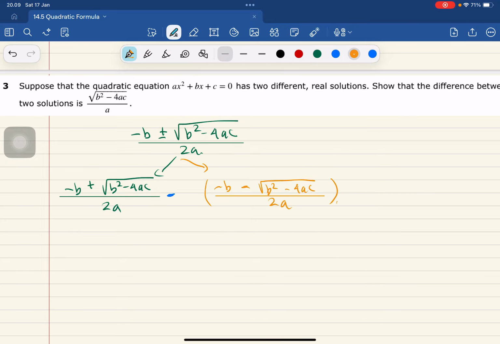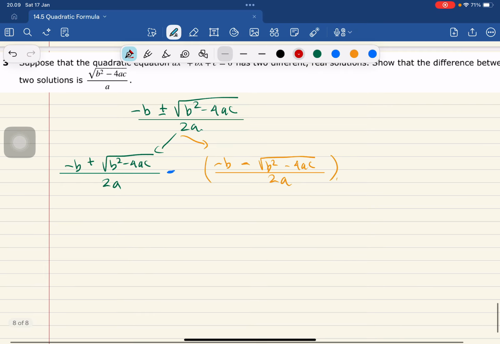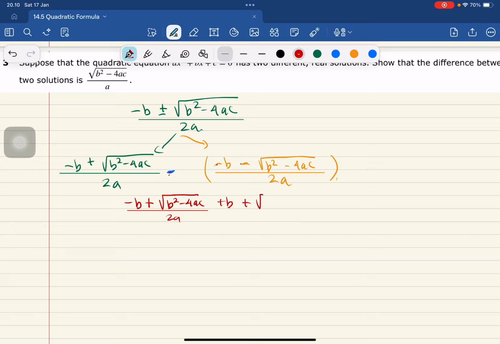Okay, let's blend it. So it's going to be minus b plus square root of b squared minus 4ac divided by 2a, and then minus times minus b, so plus b, minus times minus is going to be plus square root of b squared minus 4ac, we divide by 2a.